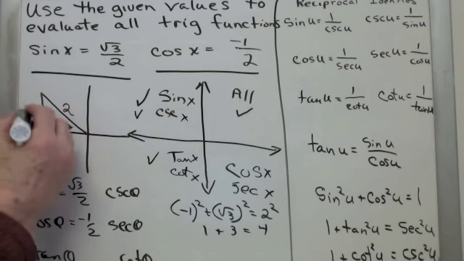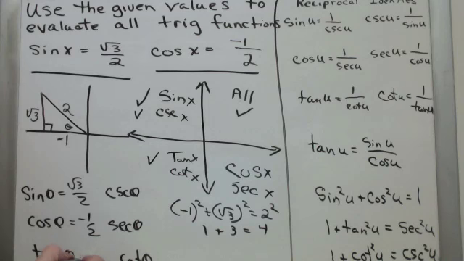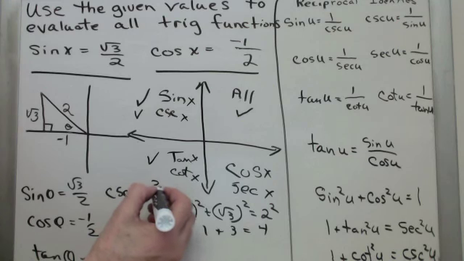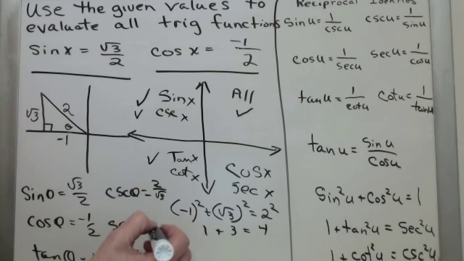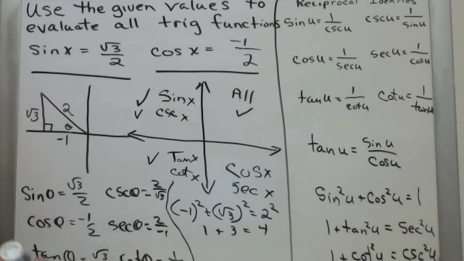The tangent, opposite over adjacent, or root 3 over 1. And then these functions are just the reciprocals: 2 over root 3, 2 over negative 1, 1 over root 3. Of course, usually you don't leave radicals in the bottom, but you know how to rationalize those. So there's the answer to the trig functions for that special triangle.